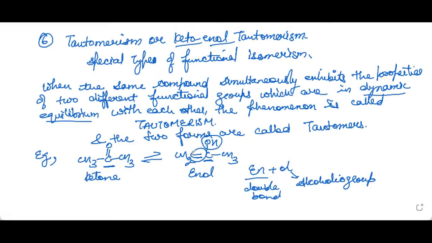Now, why does propanone show keto-enol tautomerism? I'm clearing my screen and let us move into the reason. The first point, very important to be noted: aldehydes and ketones which have alpha hydrogen will show keto-enol tautomerism.